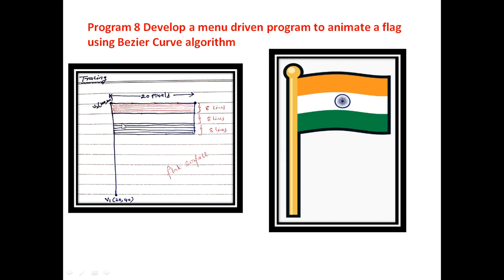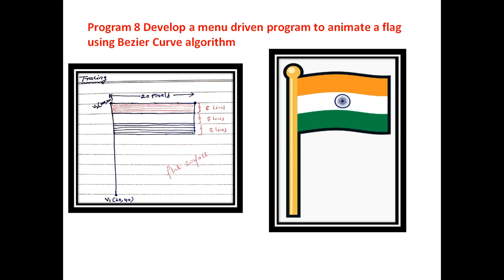This is a flag designed on a flat surface, and we want to apply animation to this same flag. After applying the animation concept to this flat surface flag, we will get a flag that is flapping. When the flag is flapping, the flat surface of the flag is converted into curves. This is the application of Bezier curve.